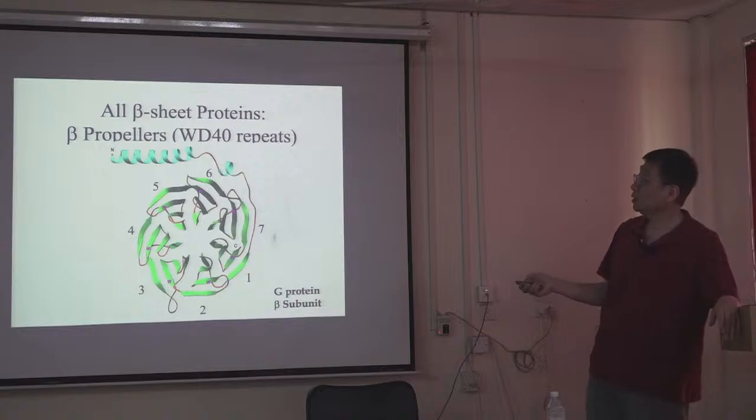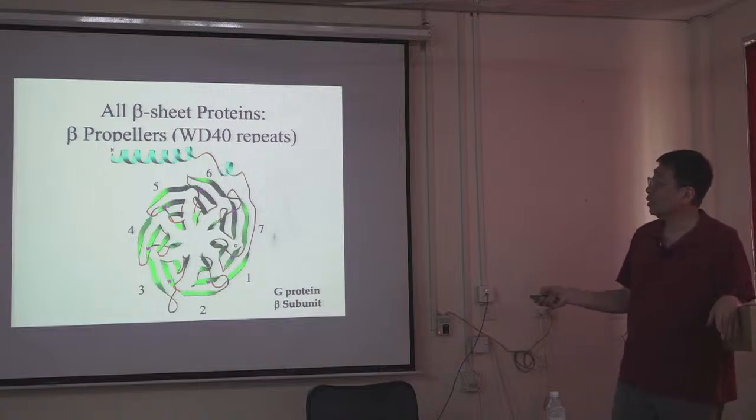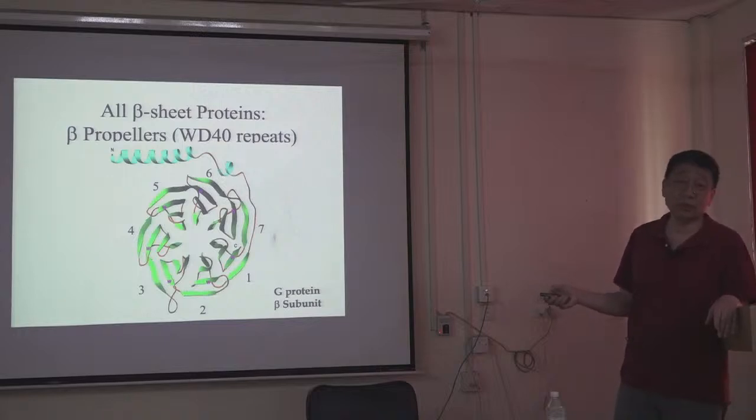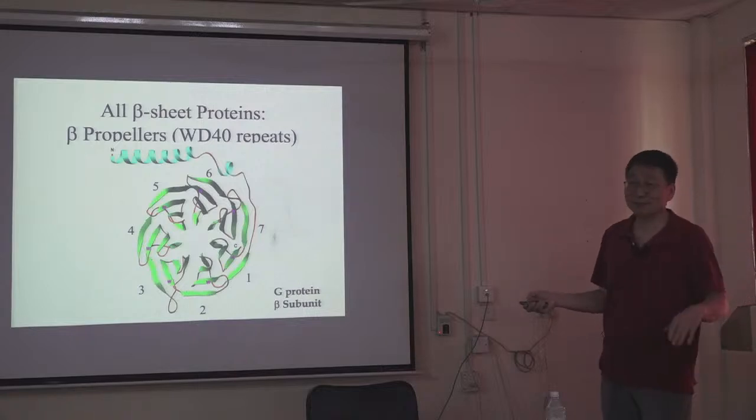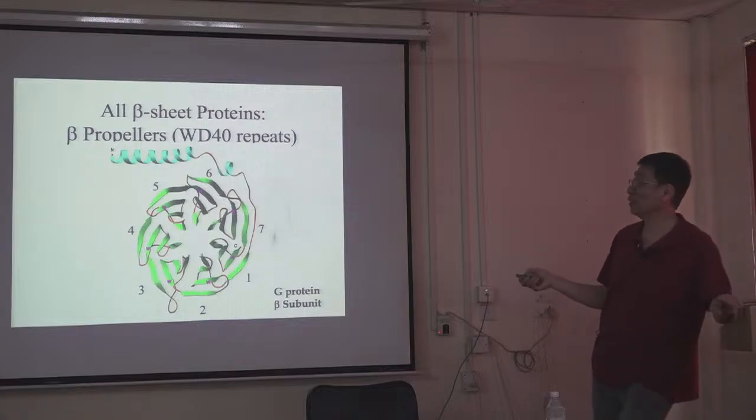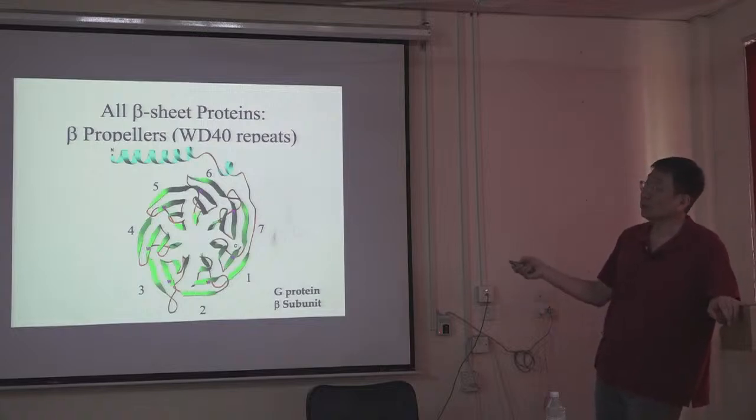And interestingly, the sequences of these proteins have a unique pattern. That pattern is called the WD-40 repeats. I guess here you probably don't know WD-40. Do you know WD-40 here? No. Okay. So W is tryptophan in one-letter code.